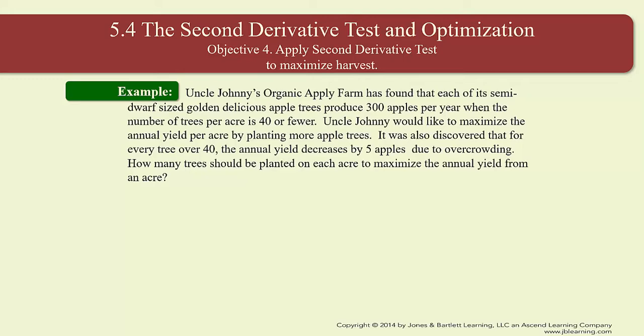It's been discovered that for every tree over 40, the annual yield decreases by 5 apples per tree due to overcrowding. Under that situation, how many trees should be planted on each acre to maximize the annual yield from an acre? So please get this written down. There's a lot going on here. We have to do a lot of analysis, and we're going to head off to the board to do all of that.